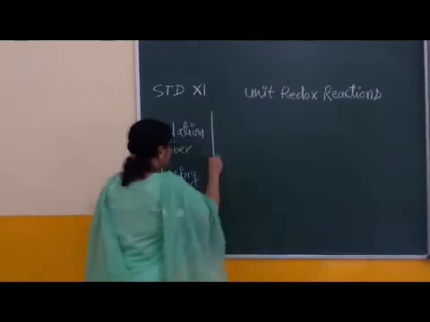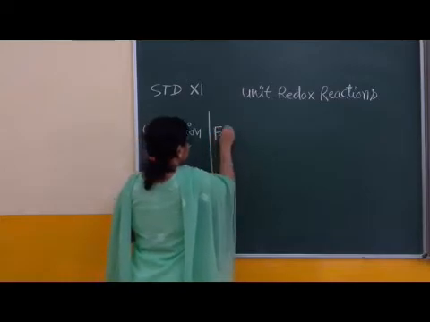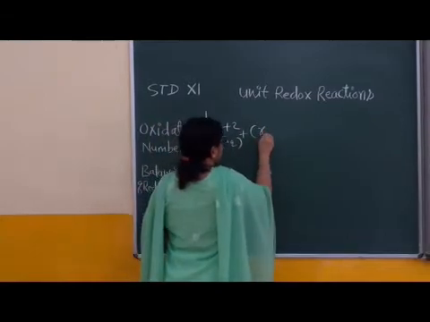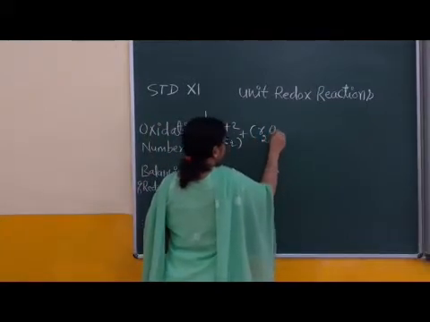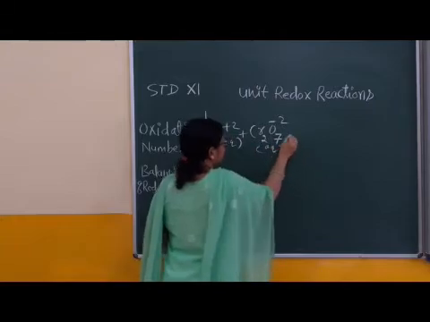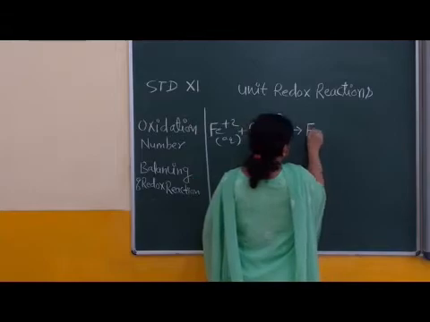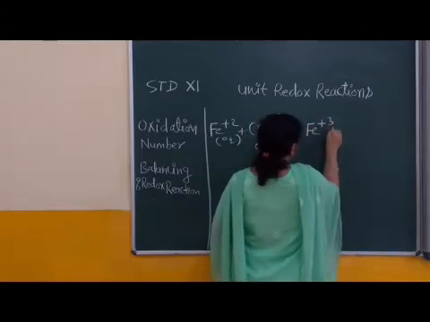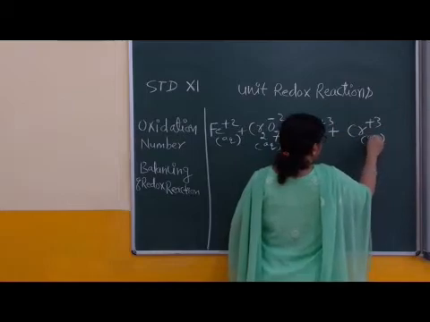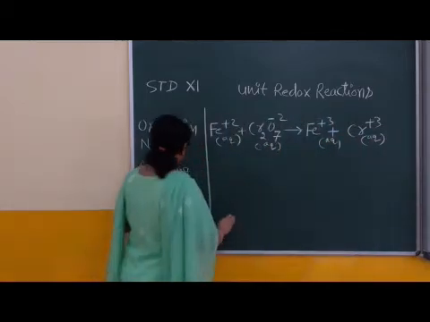Here the reaction pattern is Fe +2 in aqueous medium plus Cr2O7 -2. This is an ionic redox reaction equation. Fe +2 gives Fe +3 and dichromate gives Cr +3. One ion is oxidized and the second is reduced.